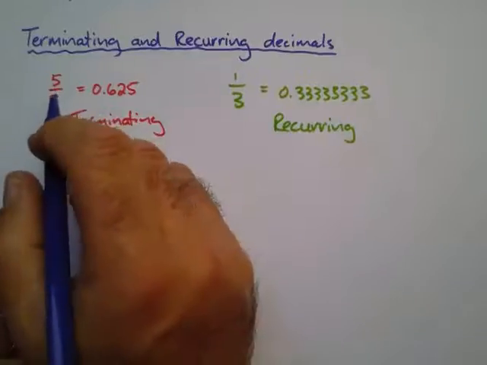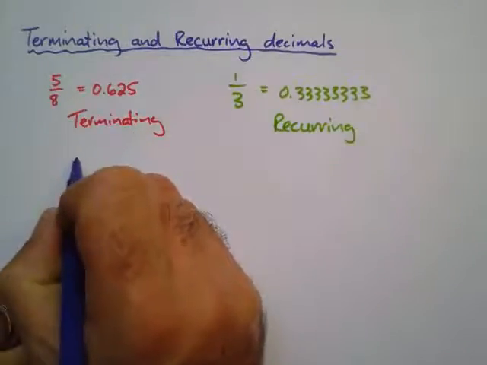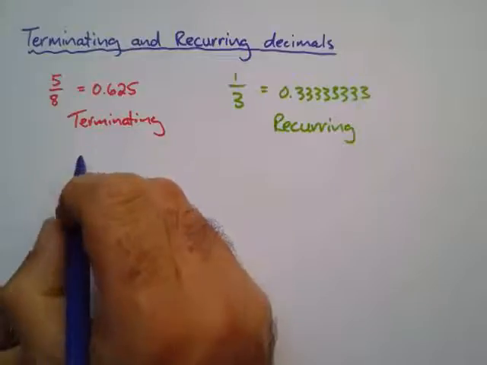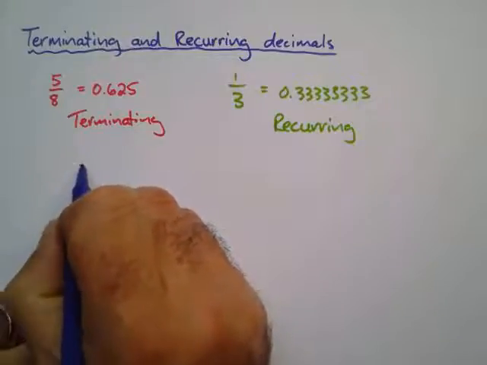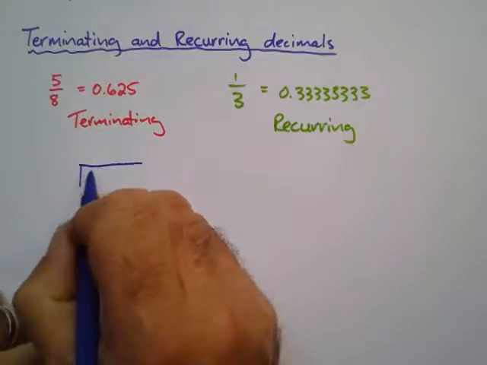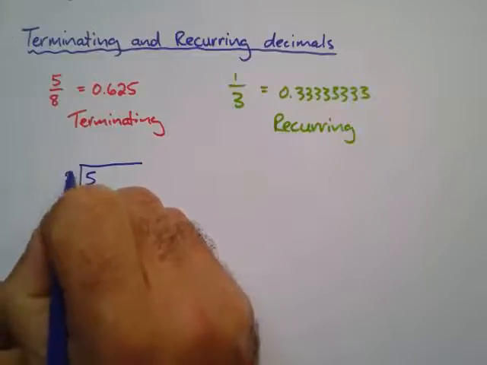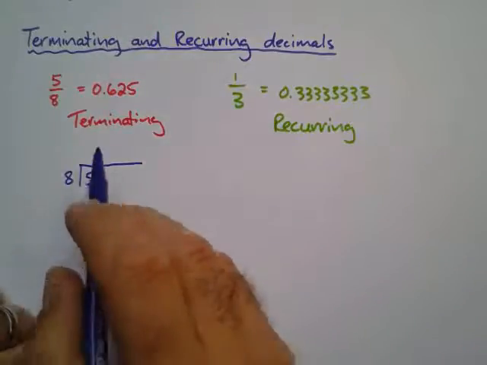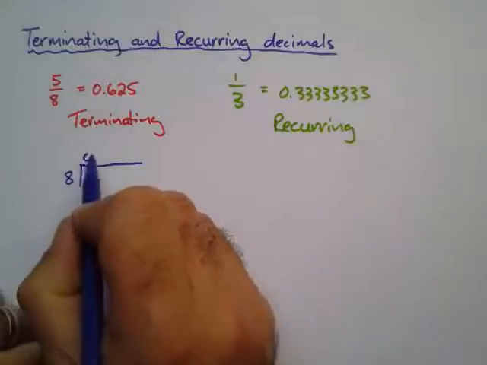If I have 5 divided by 8, it means I have 5 here, and I divide 8 into that. 8 does not go into 5, so that's a 0.